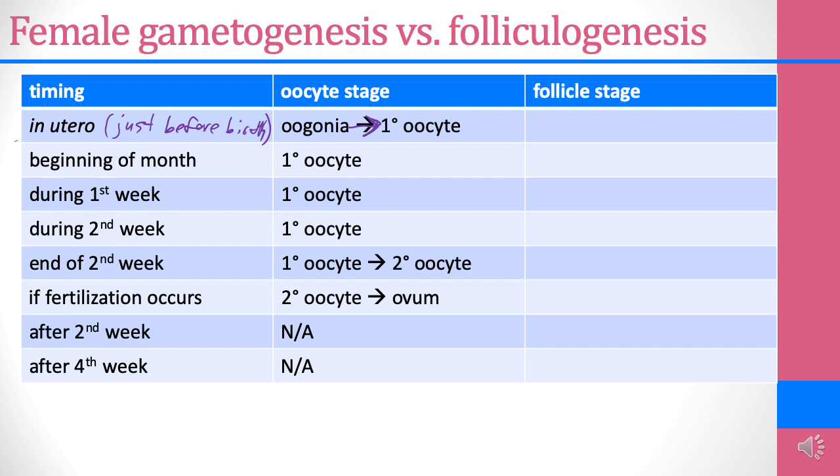Then there's a break during childhood. And then puberty happens. And once puberty happens, all of these things happen for the rest of the woman's reproductive life, which is from about age 12 to about age 50.